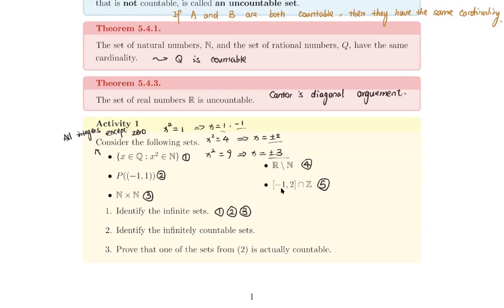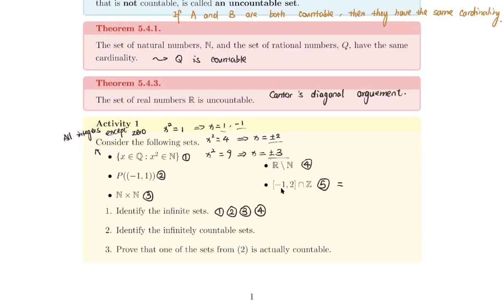Okay. Number 4, someone said real numbers without positive integers. Okay, exactly. So is this infinite or not? Number 4? Yep, okay. What about number 5? What's number 5? Any other way to write it? Okay.